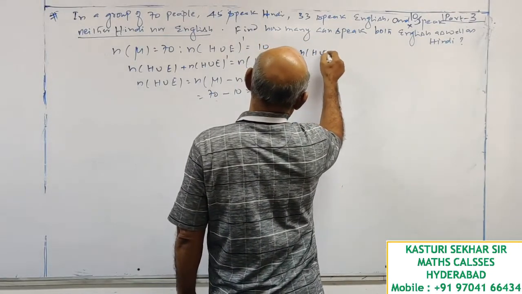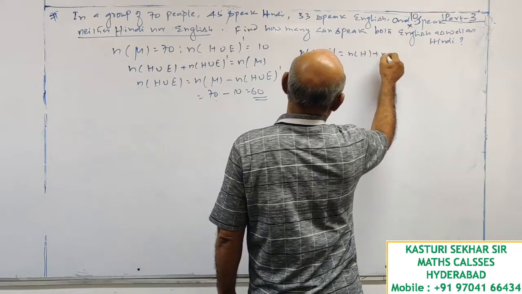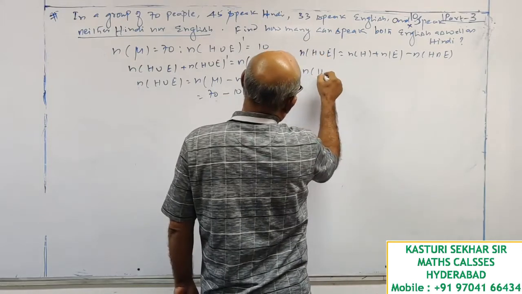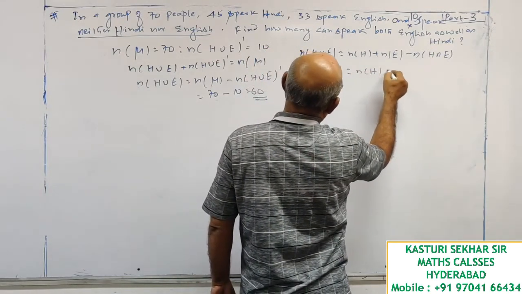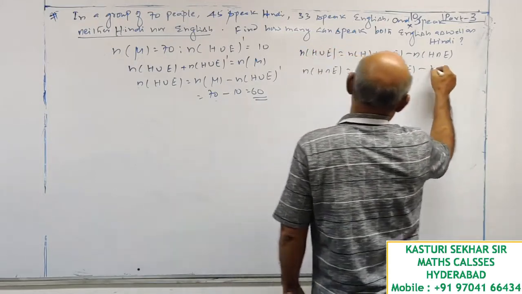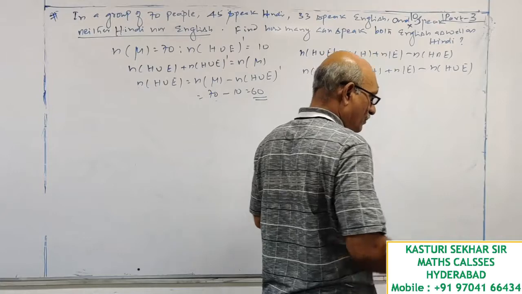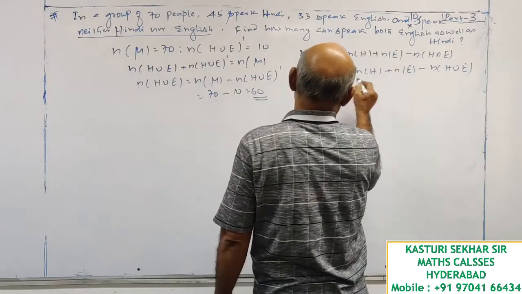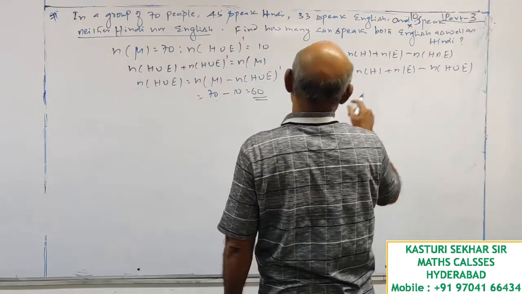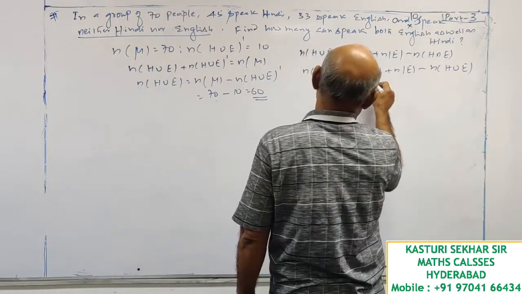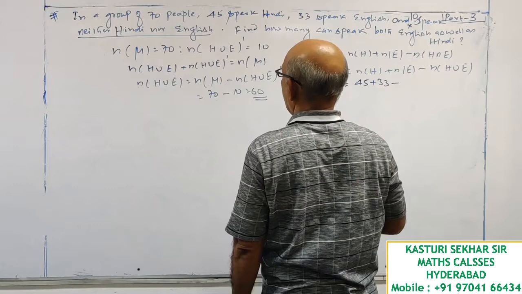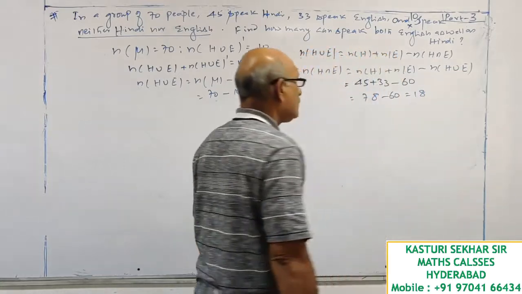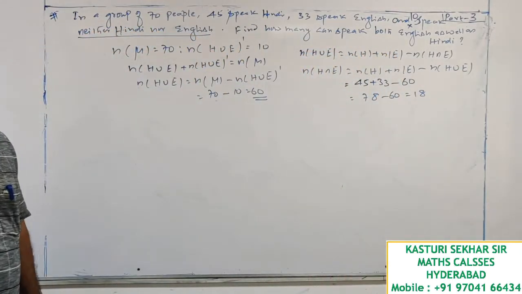Now n of H union E is equal to n of H plus n of E minus n of H intersection E. So n of H intersection E is n of H plus n of E minus n of H union E. N of H, 45 speak Hindi, n of E 33, minus union 60. 78 minus 60, this is 18. 18 will speak both Hindi and English.